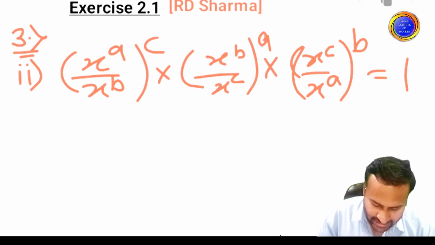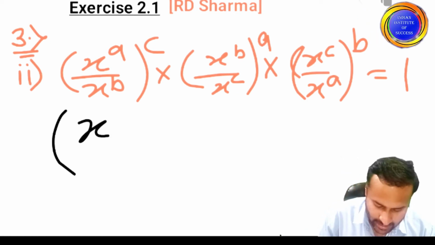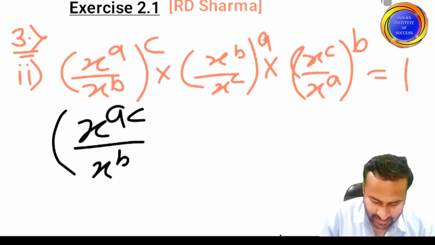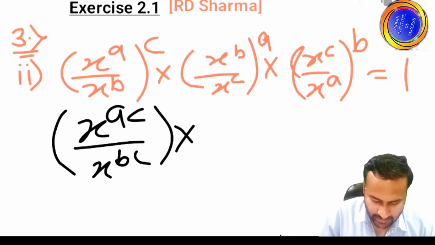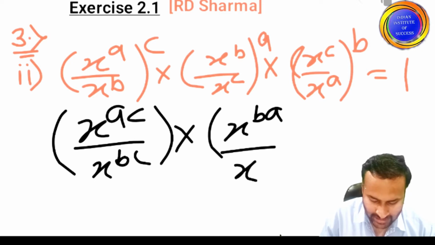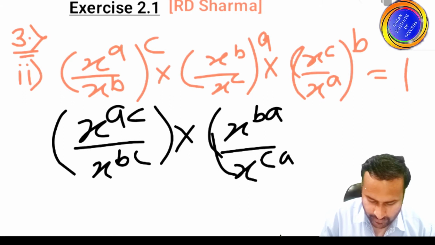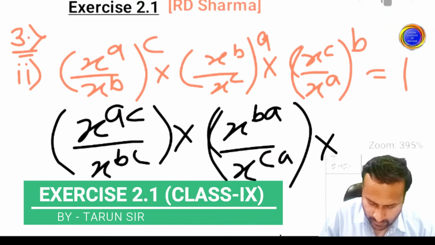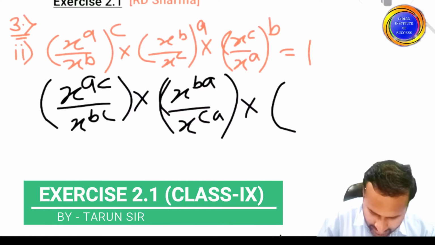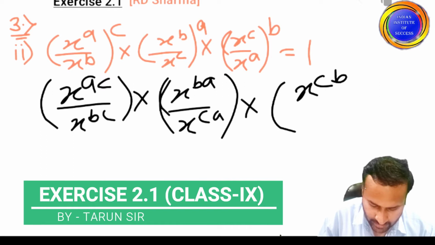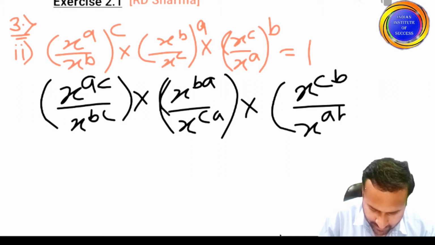So x^(ac) upon x^(bc). Then similarly, it will become x^(ba) upon x^(ca). Now here it will become x raised to power cb upon x raised to power ab.